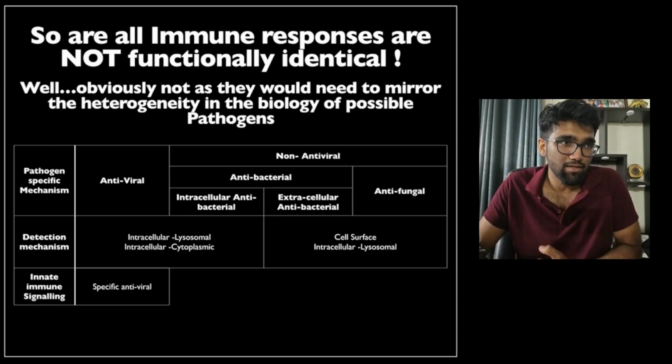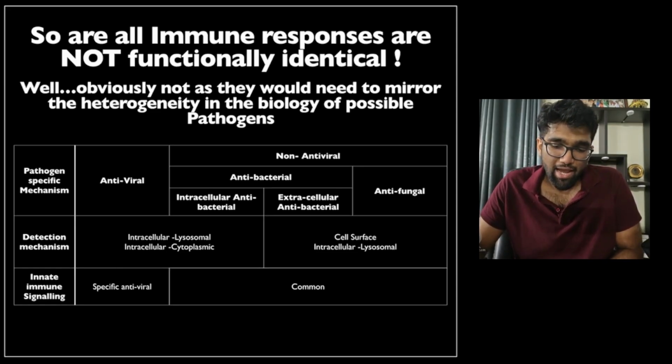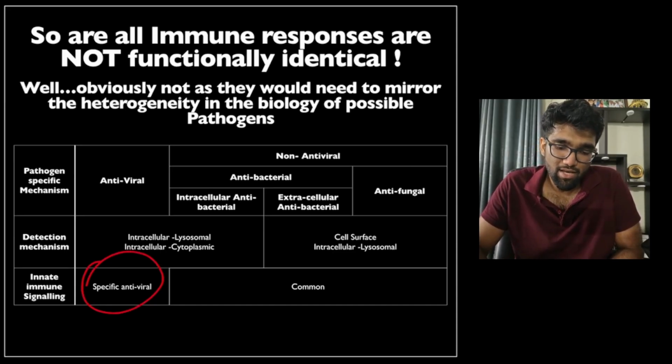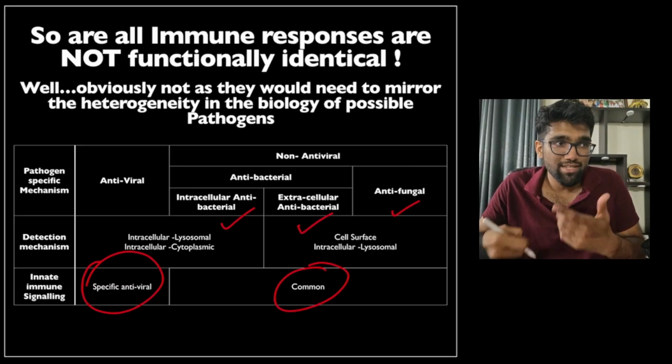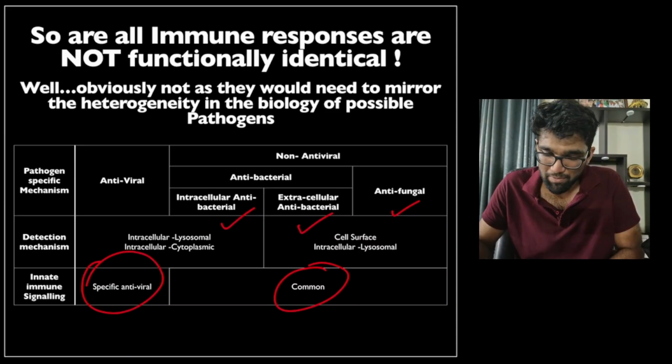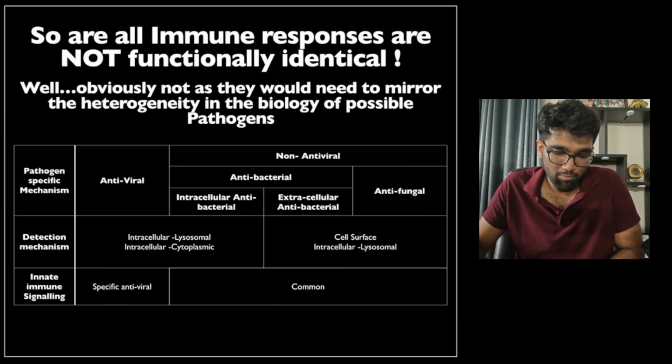The signaling cascade eventually results in an antiviral response. And we'll see that the signaling molecules downstream of everything other than viruses, that is intracellular bacteria, extracellular bacteria, and fungi, are very common and overlap, because the effector mechanisms also overlap, and are effective in killing both.